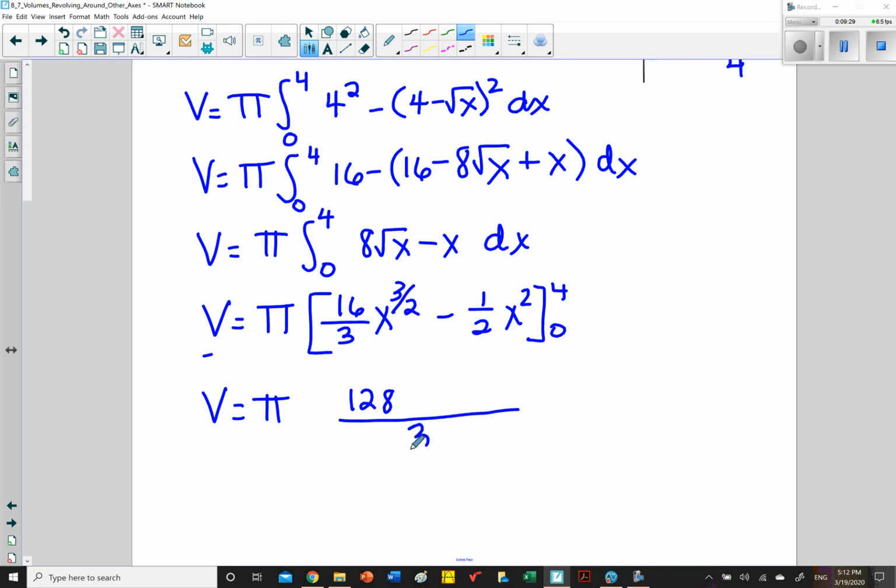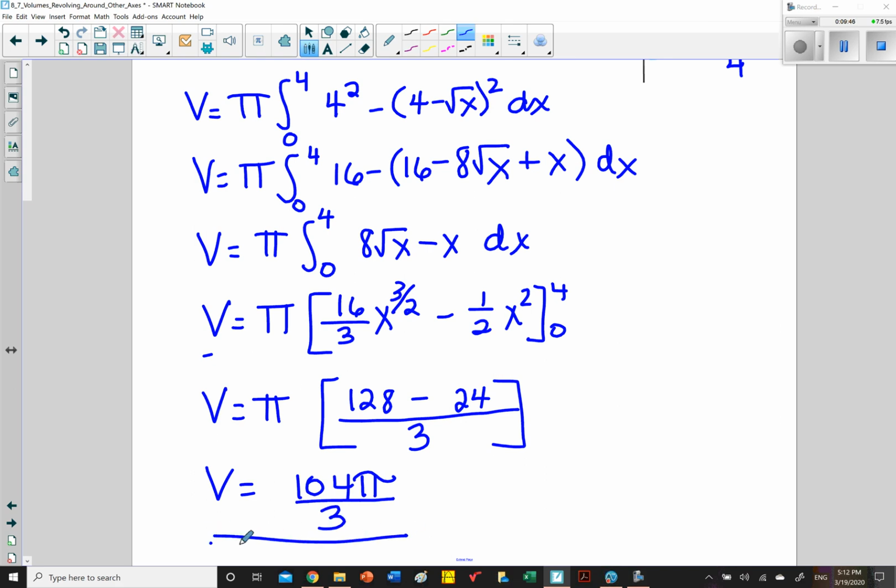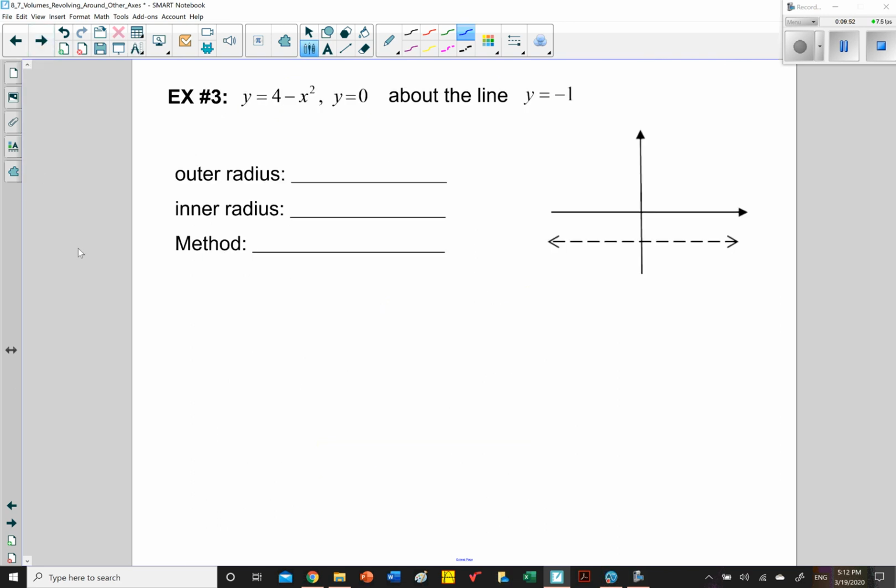Just going to get a common denominator here. I pre-worked this one. So our volume is 104 pi over 3. Cool. And these are a little tedious, easy to make mistakes.